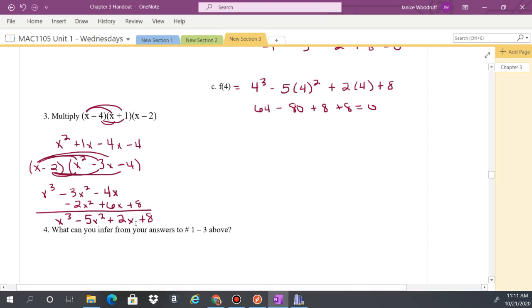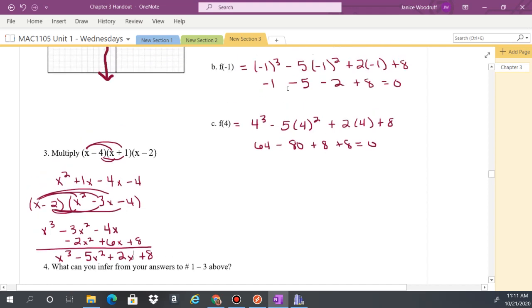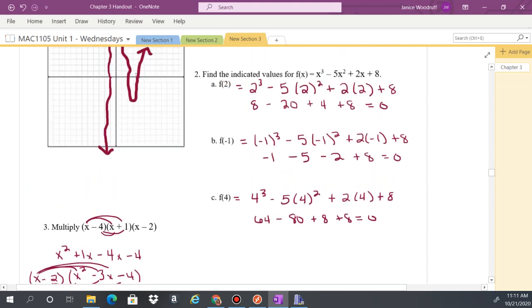If I factor this problem, what am I getting? I'm getting this, right? If I solve this and plug those into the problem, I'm getting 0, which are giving me the intercepts.